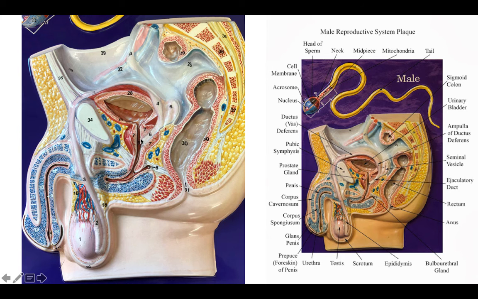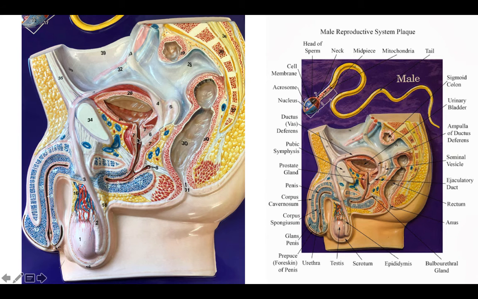So again, it's very different than the female anatomy, because in the female anatomy, the vagina and the urethra are separate. They're separate openings. So that's one major difference, in terms of sexual dimorphism, between the male anatomy and the female anatomy. So the male anatomy has this shared pathway between how urine is expelled as well as how sperm is expelled.